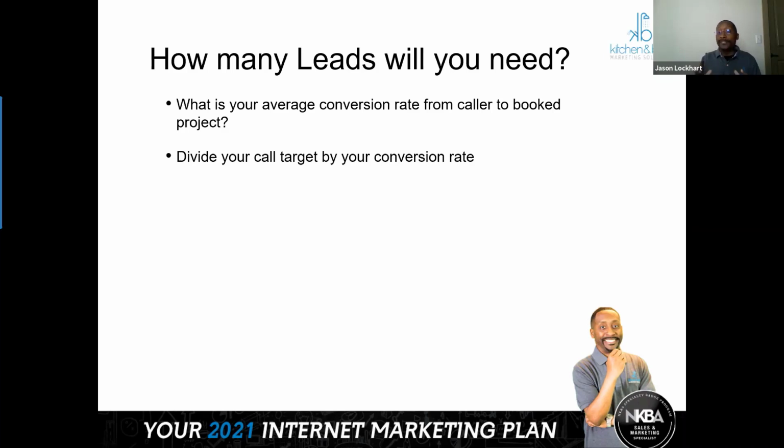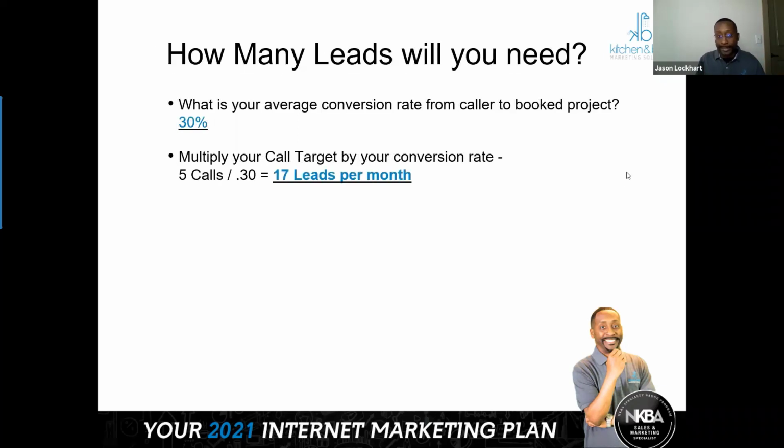Once you have that, you can determine how many people you need to talk to in order to hit that goal. For instance, we're going to use 30% because the client we got this from has a 30% closing rate. So that helped him determine that he needs to talk to 17 leads a month in order to hit the 5, so he could then hit his goal of earning 2.5 million next year.